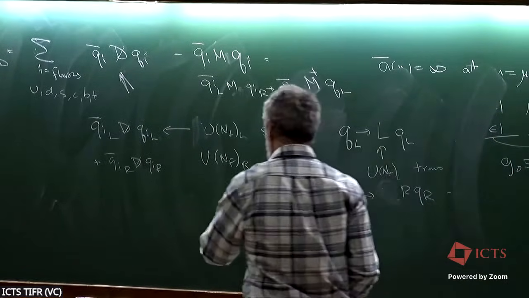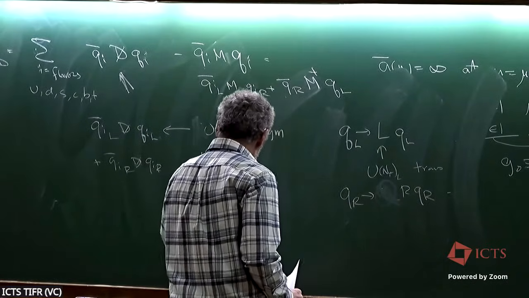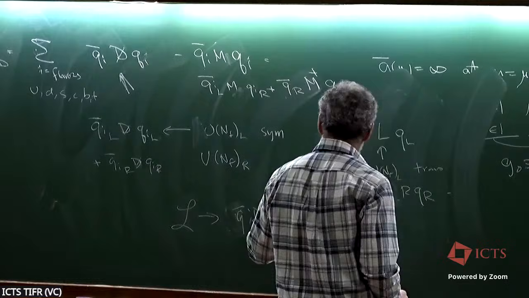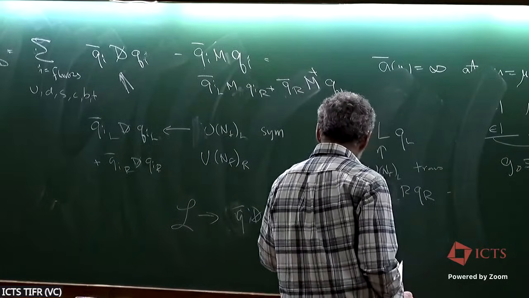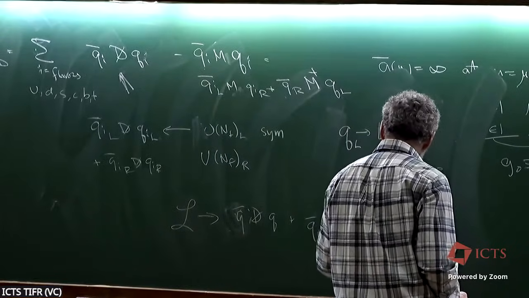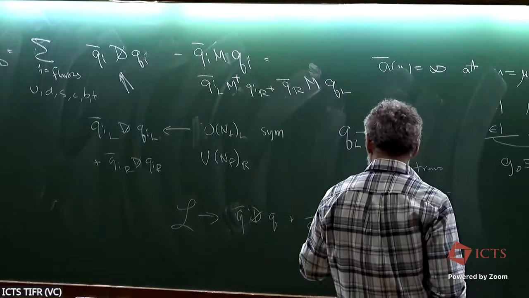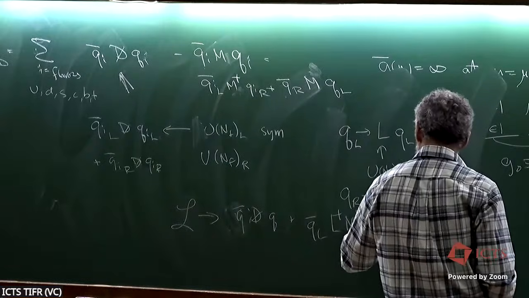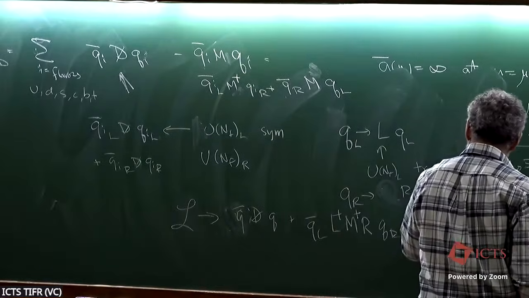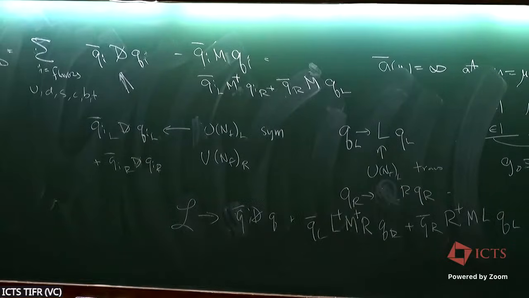Then your Lagrangian goes to Q bar i D slash Q, that's not changed, but you get a plus Q bar left L dagger M R Q right plus Q bar right R dagger M dagger L Q left. And so this is not a symmetry of the Lagrangian.